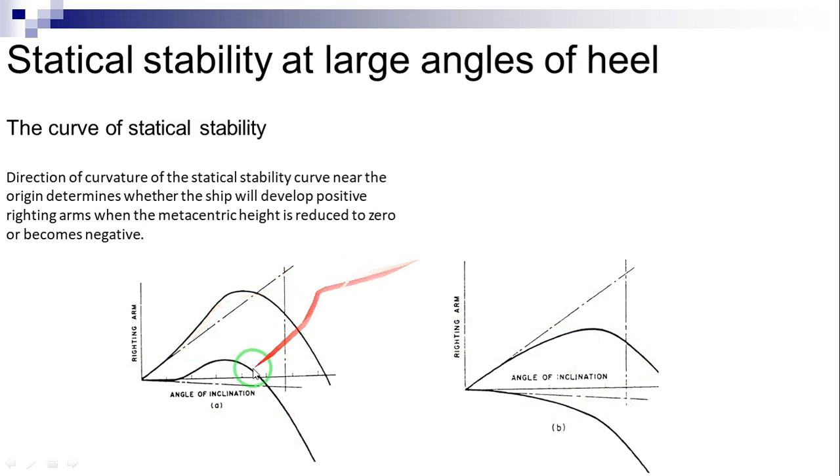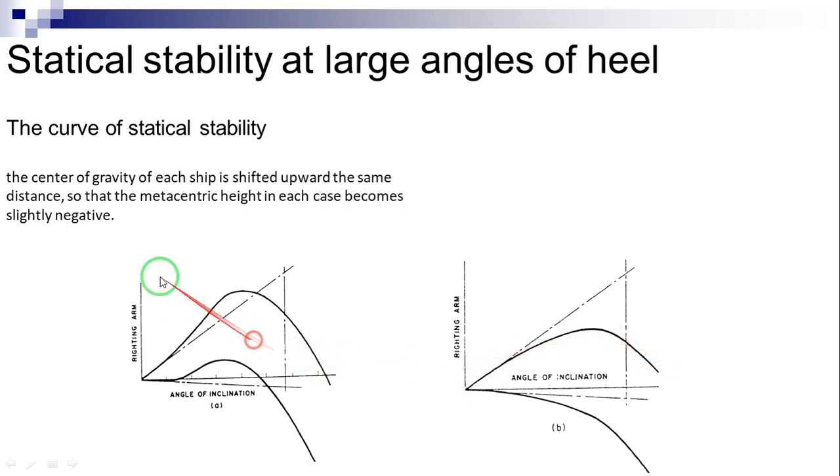In figure A, the curve is concave upward, while in figure B, it is concave downward. Assume that the center of gravity of each ship is shifted upward the same distance so that the metacentric height in each case becomes slightly negative.